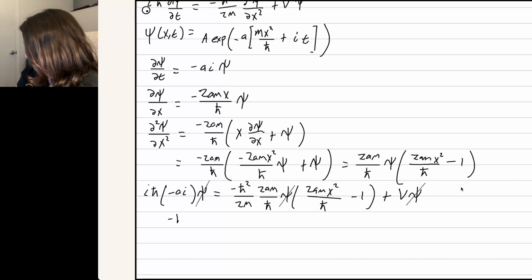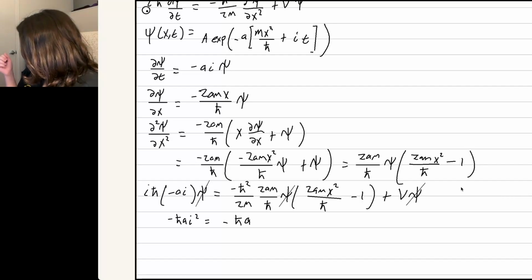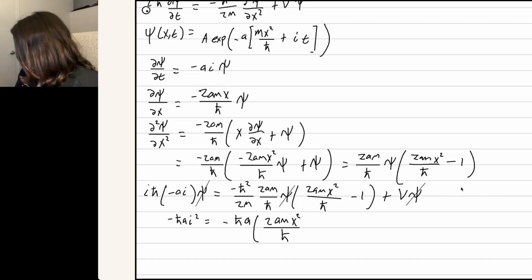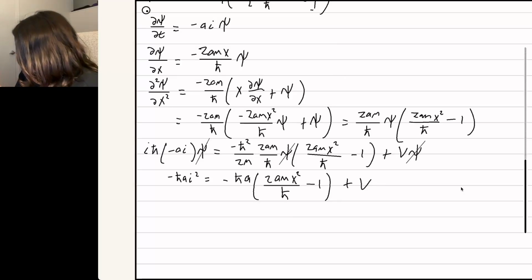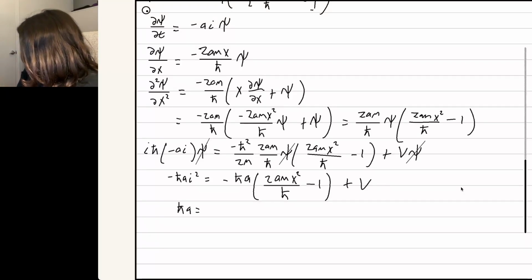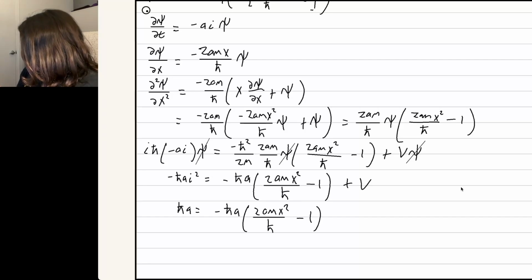We have minus h bar ai squared is equal to minus h bar squared. So it's just minus h bar a, because the two m's cancel out and one of the h bars goes away. And inside the parentheses, it's the same, plus v. I squared is minus 1, so this is positive h bar a minus h bar a times 2amx squared over h bar minus 1, plus v.